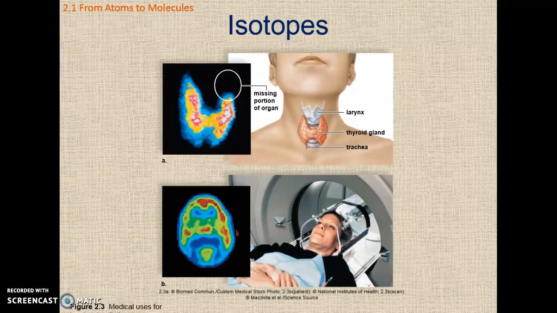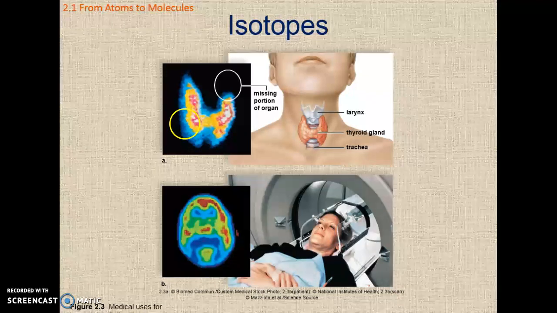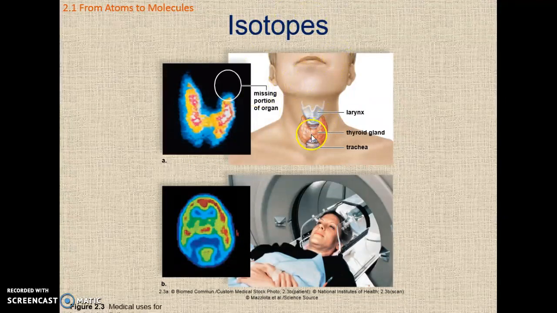After I drank this radioactive solution, I went back to my lab and I took the Geiger counter, which is just a handheld apparatus that can be used to identify radioactivity. You may have seen this on the news. I put it up to my thyroid, and there was no clicking sound. And then I moved it to my stomach, and it just went off the chart because that radioactive iodine I had just drank was still in my stomach.